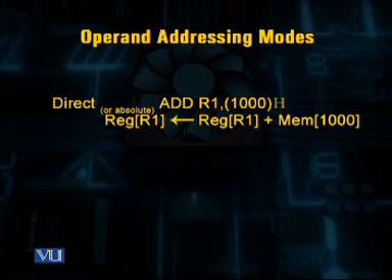And it is very clear from how it is written in the register transfer language. That is, the contents of the register R1 are added to the contents of the memory at location 1000 hex.